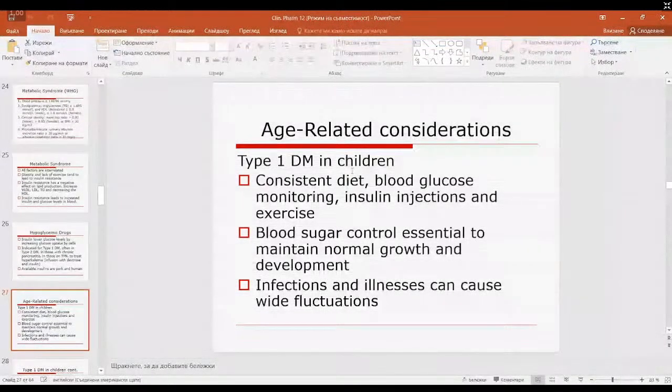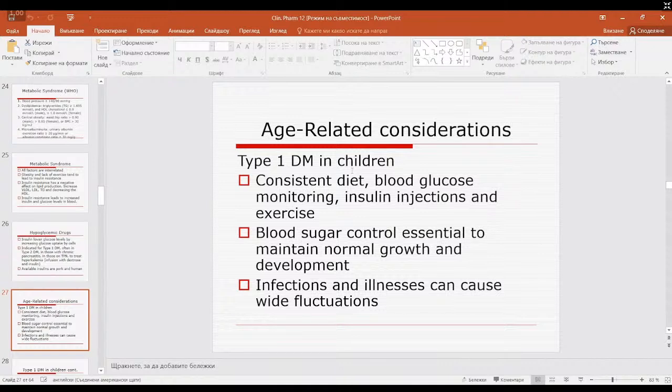But if you are able to explain the disease itself and what may happen when they're not taking their insulin and not following the advice, then they start understanding better the disease itself, and they're also more compliant, and they get better results.